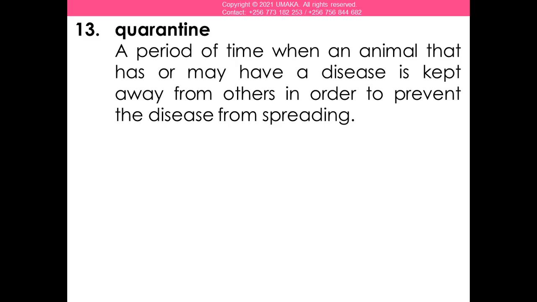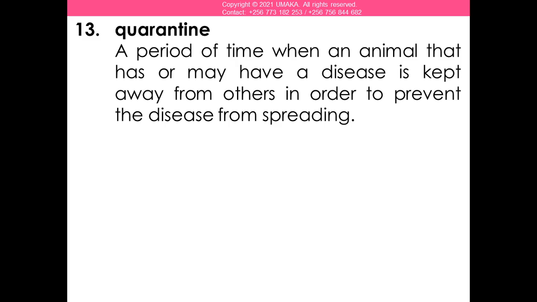So quarantine is a period. For example, the whole of Masaka is a district, and all animals are sick of a certain disease, let's say foot and mouth disease. There is an outbreak. So the government can choose to put a quarantine such that nobody can buy any animals from Masaka to other places.